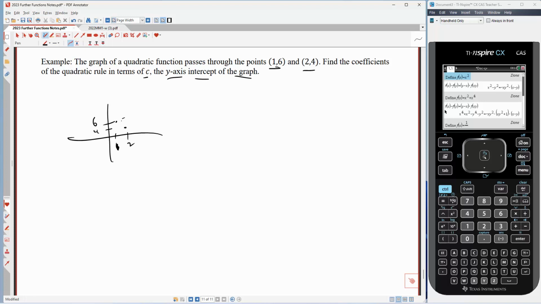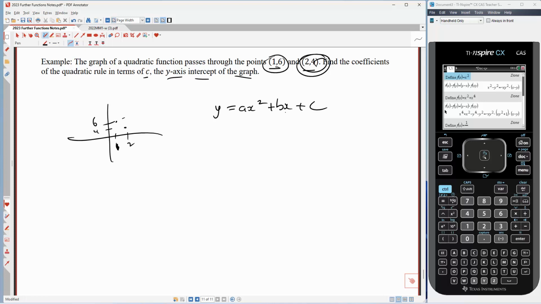We don't really know what the y-intercept is, we don't know what the turning point is, so all we can do is sub these into the form y equals ax squared plus bx plus c.